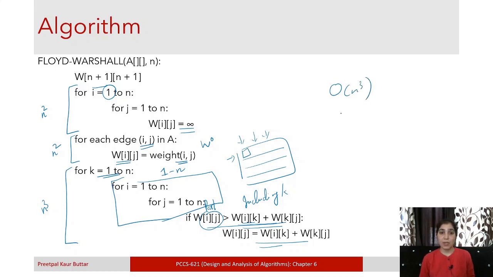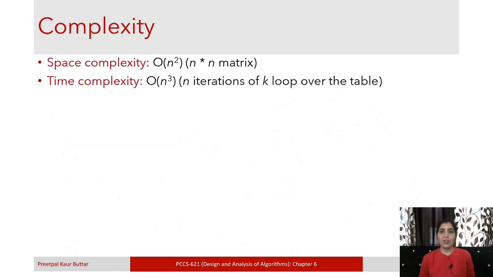And what about the space complexity? We are creating a W matrix of size n cross n. So the time complexity is order of n cube, and the space complexity is order of n square, because you are creating a table or matrix of size n square, right? So this is all about Floyd-Warshall's algorithm, which is based on the dynamic programming approach. Thank you.